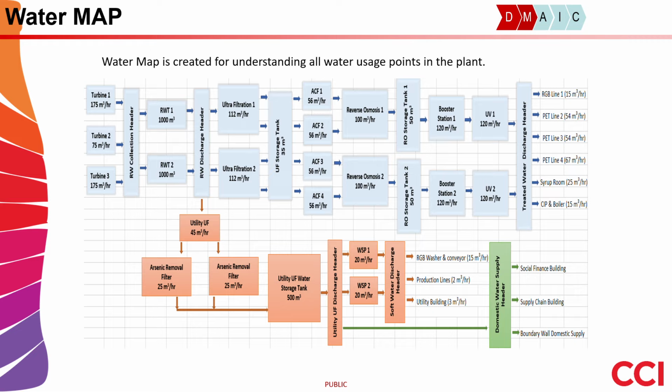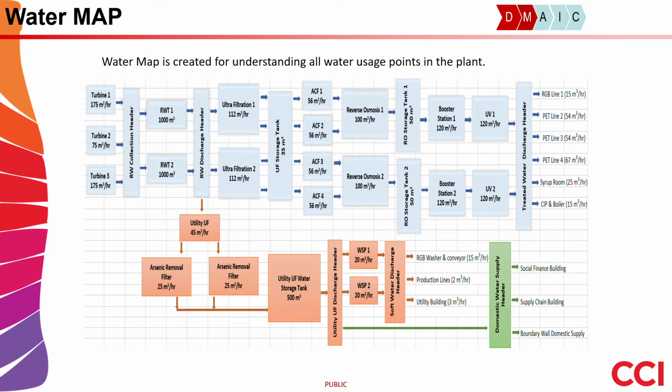So we have multiple utilities that are connected, for example from the raw water discharge header we have ultrafiltration, where we have arsenic removal filters. Then again we have the discharge header, WSP headers, soft water storage headers, and this water is going to some other sections as well.